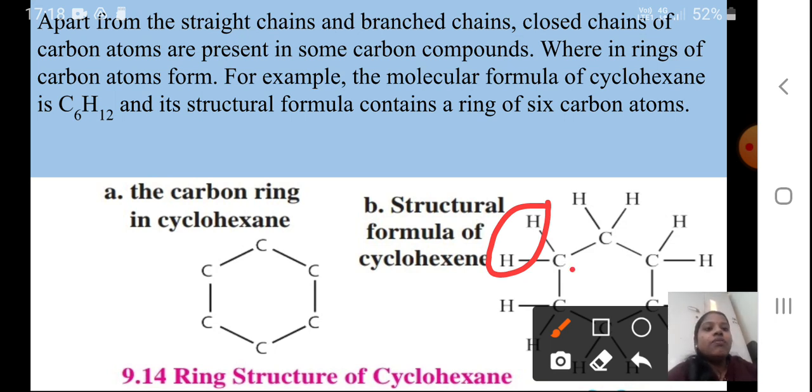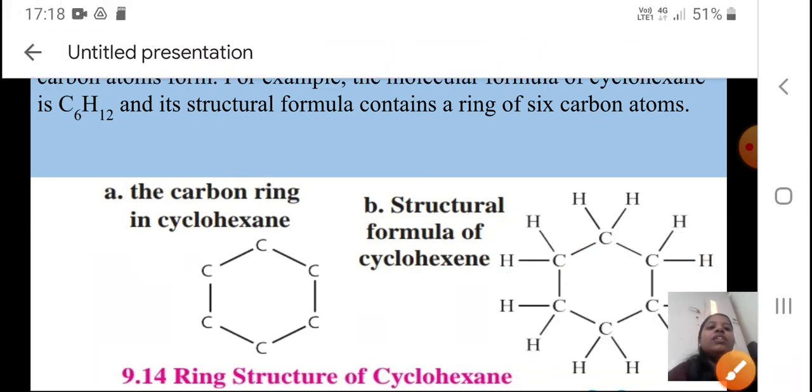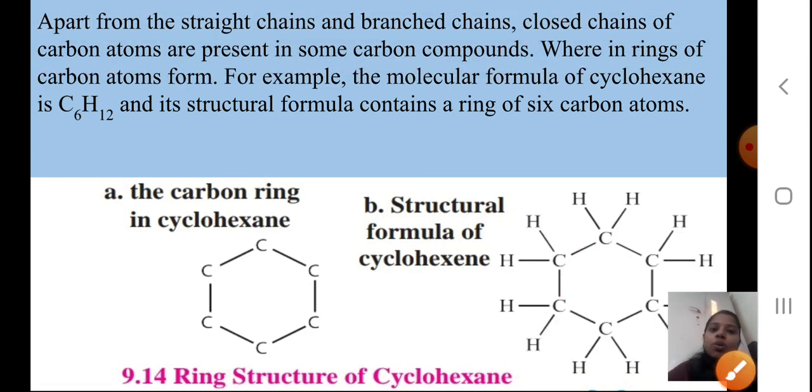If I consider this carbon, one bond is with this carbon, another bond with this, and 2 bonds with hydrogens. For each one it will be this way only. So this is the ring structure of cyclohexane. Okay students, I hope it is clear till here.